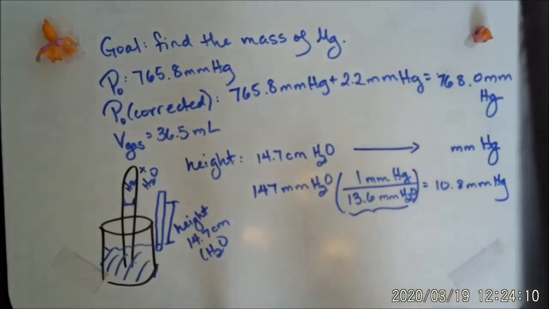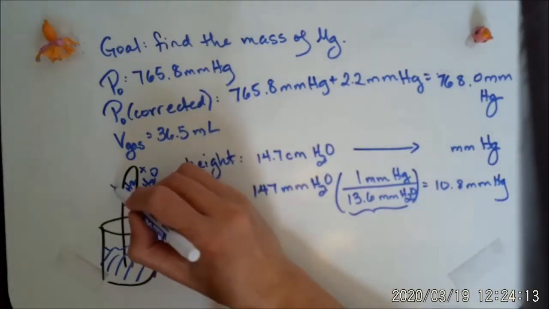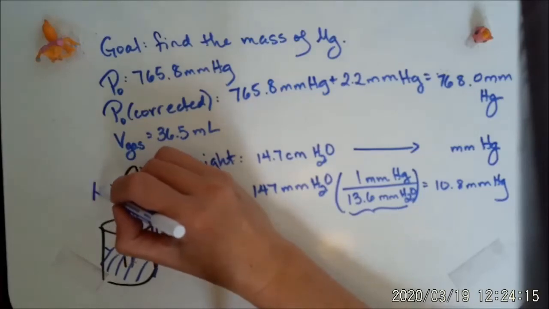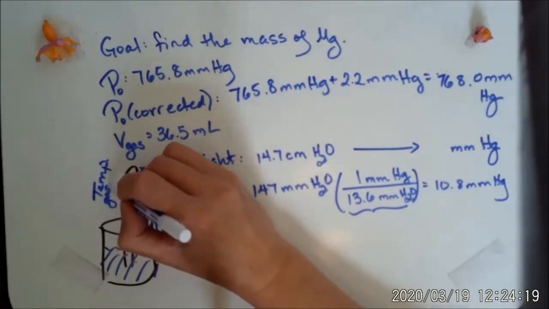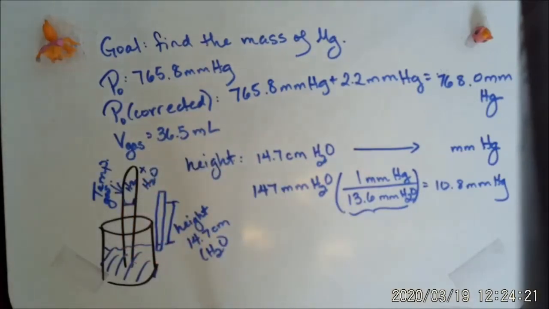Not yet. There's one other thing. And the other thing is this. We need the temperature of my gas. So you can see that in this collection of gases over water, there's a lot of moving parts. So I'll summarize all the moving parts again for you at the end. Okay? And then we'll go on to our next subject.